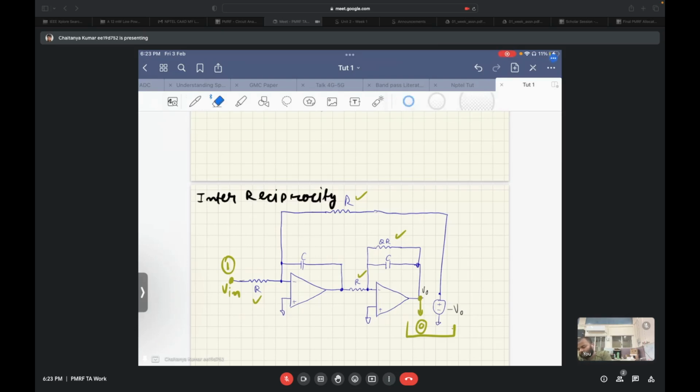How will we do that? We will short, that is de-energize, the input voltage source, and we will invert the op amps.